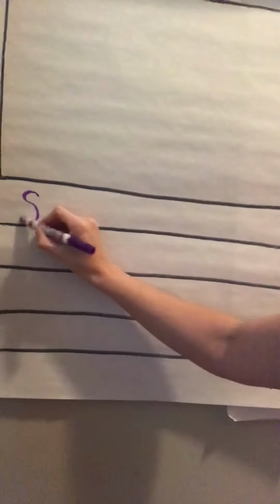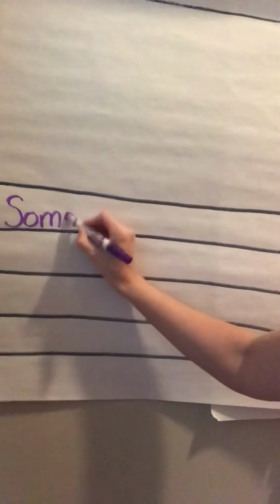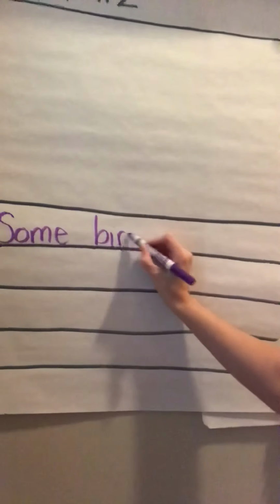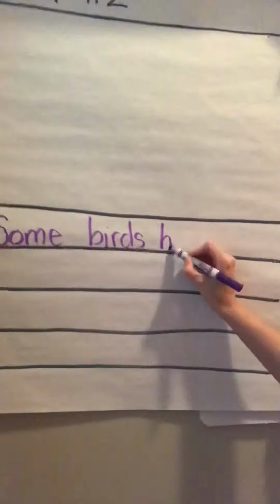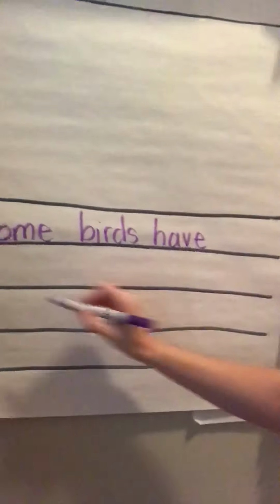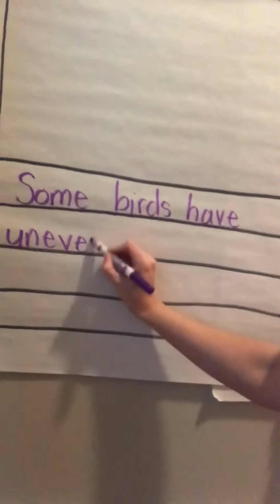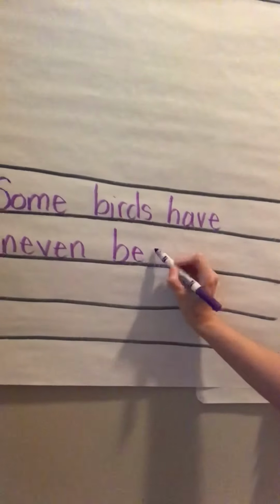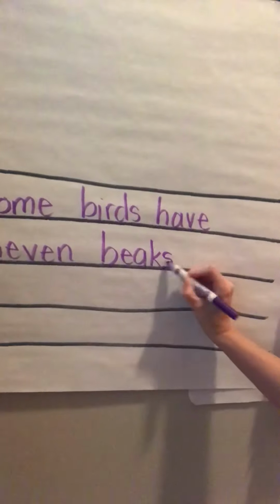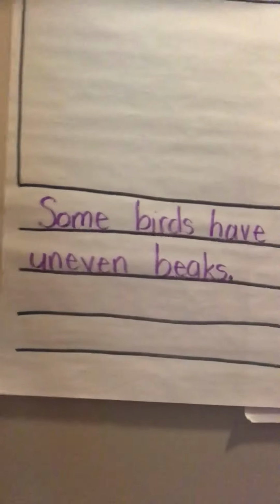So I'm using the same thing, except instead of putting hooked for yesterday, I'm putting uneven. So I'm going to put some birds have uneven beaks. I put my period. That's my first part of my detail.